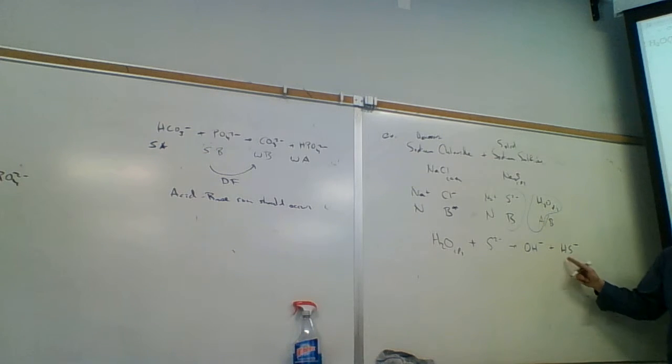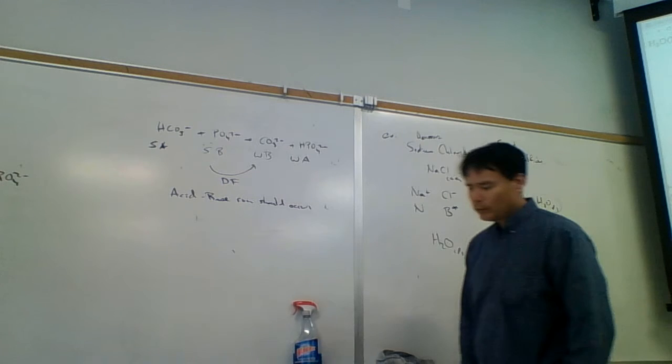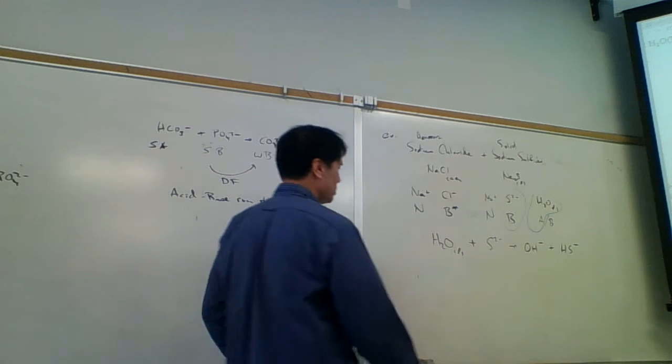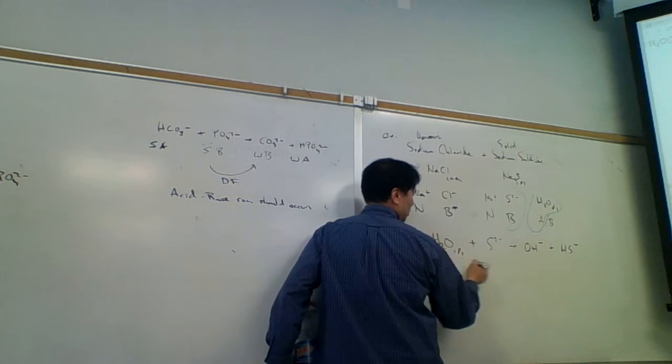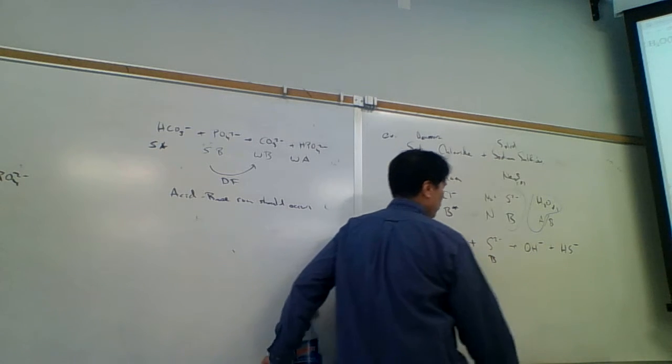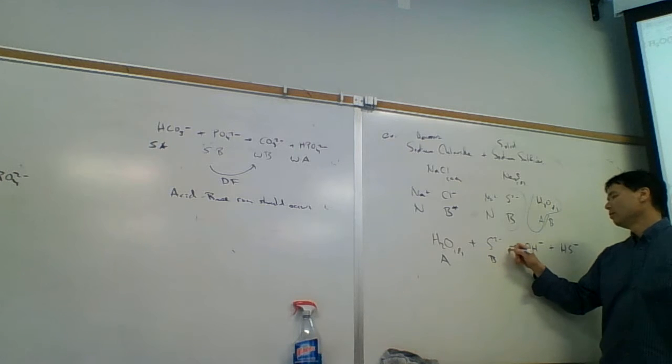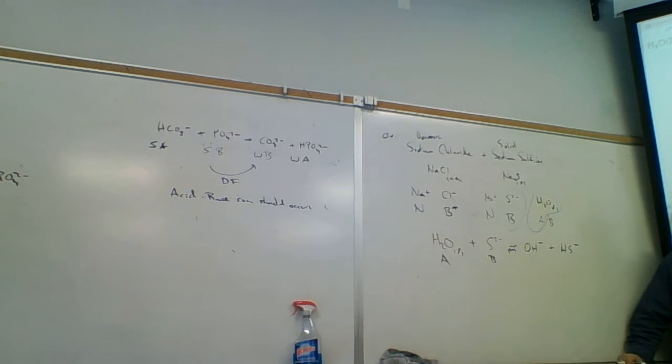And so we pick the potential products here, but we don't know if we're going to get those products. What has to be present is a driving force. So let's figure out what the driving force is. The acid, water, the base, sulfide going forward. Now what we're going to do is we're going to go backwards. When we go backwards, what's the acid, what's the base?